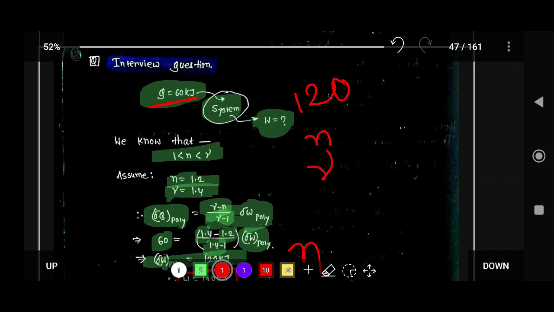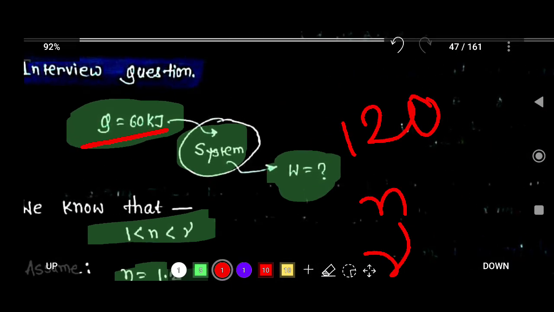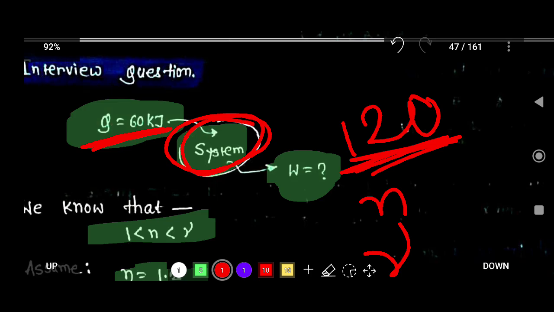The answer is that the heat is 60 kilojoule and the work is 120 kilojoule because the internal energy of the system decreases during the process, which is why the work increases. That will be your answer.